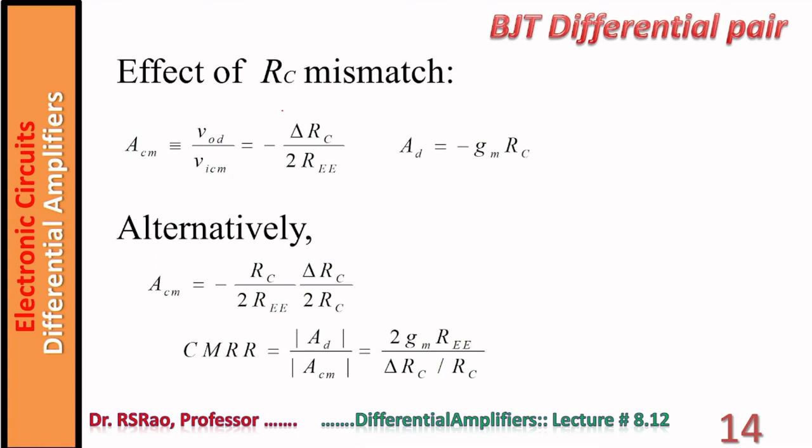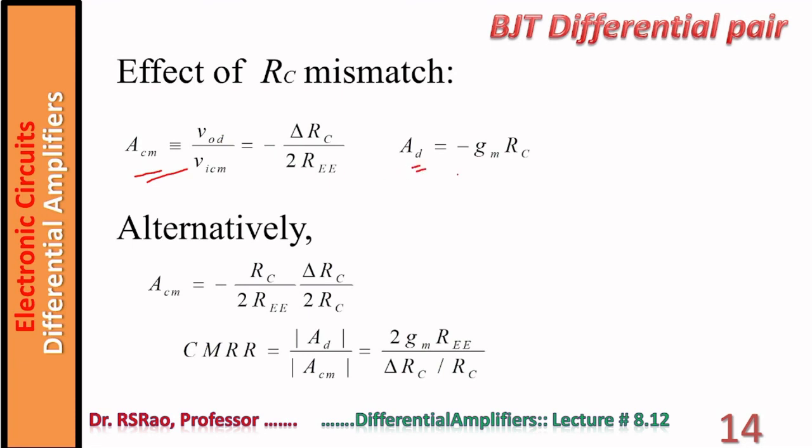When they differ, resistances of RCs differ by, let us say, delta RC. Then what happens? In what way is this difference going to impact CMRR? ACM, the common mode gain, is V0D by VICM. It can be found equal to minus delta RC by 2 RE.